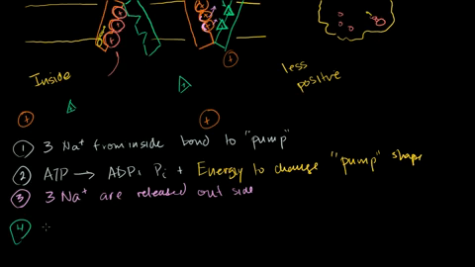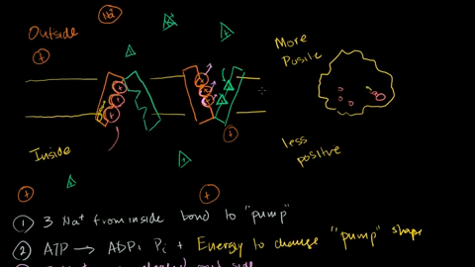Step 4, we have 2 potassium ions bond to the activated pump. Activated or changed pump. Or maybe we could say it's in its open form. So they come here, and then when they bond there, it re-changes the shape. It re-changes the shape of this protein back to that open shape.